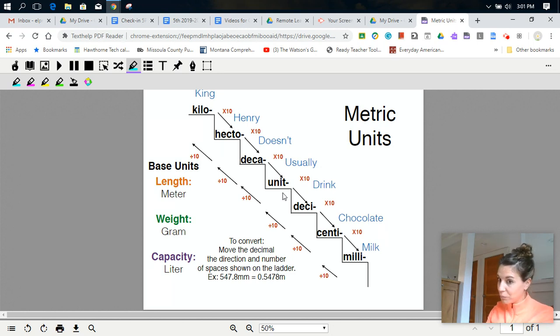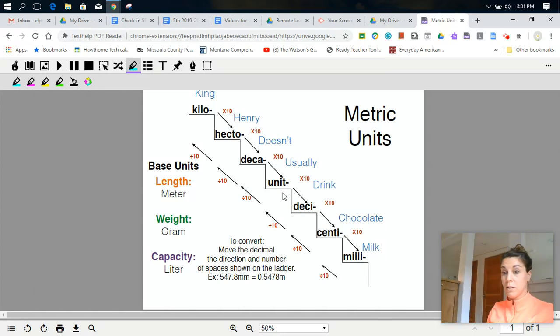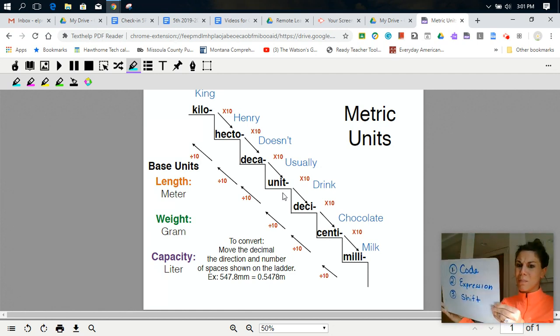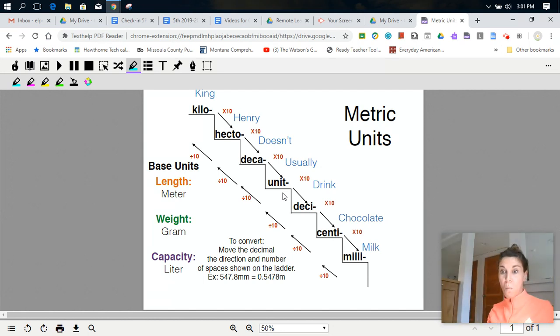What is it called though? Yes, it's called an expression. So I should be seeing the expression. Okay, times 10 to the what power? And then 3, what are you doing? You're just shifting your decimal to the left or right. And once you do steps 1 and 2, step 3 is super simple. Okay, so we're coding, writing an expression, shifting. Boom, boom, boom.